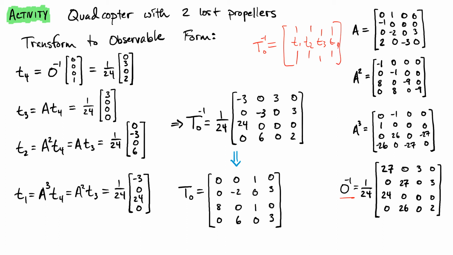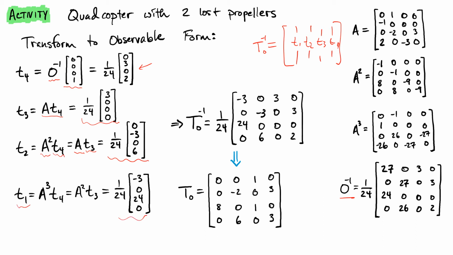The way we did that was we multiplied the inverse of the observability matrix by this special vector, and that gives us this as our last column of the inverse transformation matrix. Then we can multiply that vector by A to get the third column. Then we can either multiply the third column by A or multiply the last column by A squared to get our second column. And then we can do similarly to get our first column.